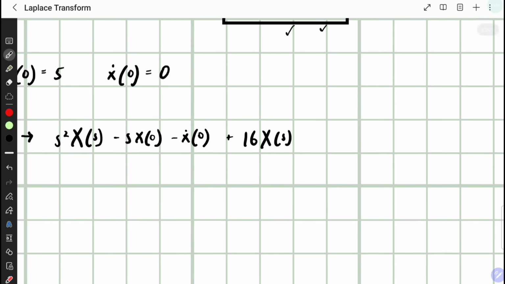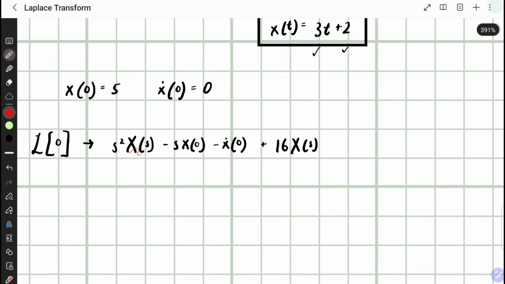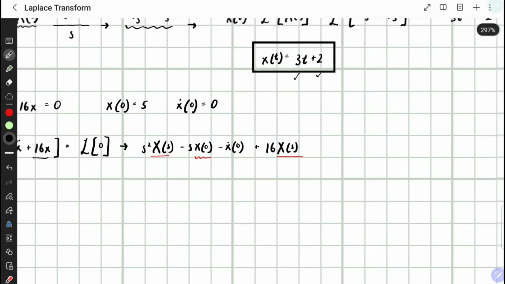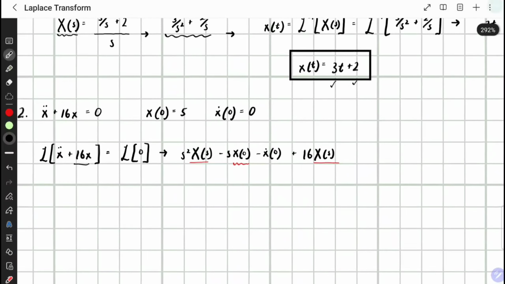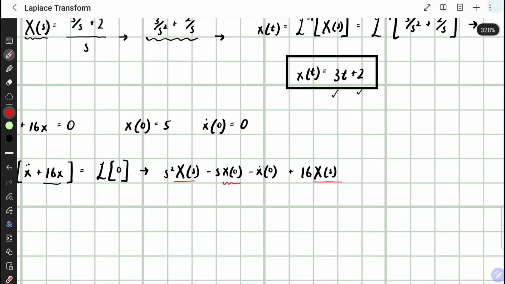Make sure there's a clear difference between these big X's here and these small x's here. It'd be easier to see with y's or some other letter. But we can just plug in the initial conditions. Oh, forgot the right side. So the transform of 0 is just 0.